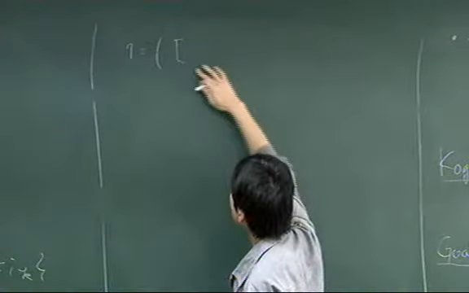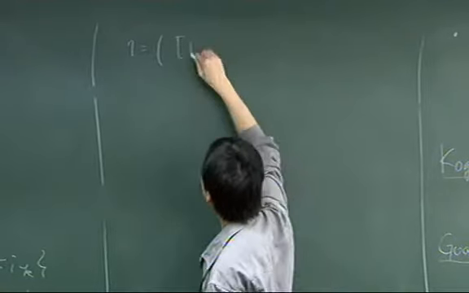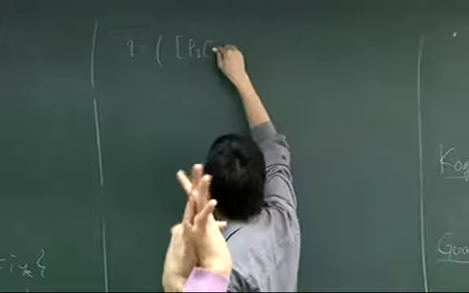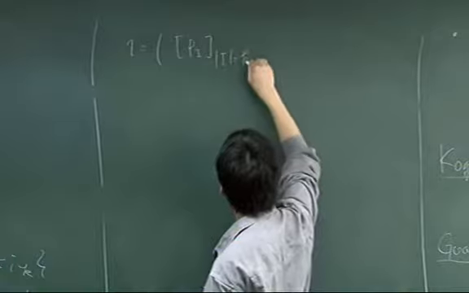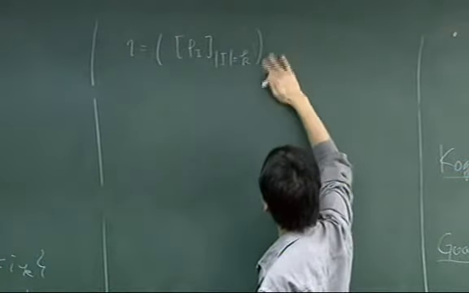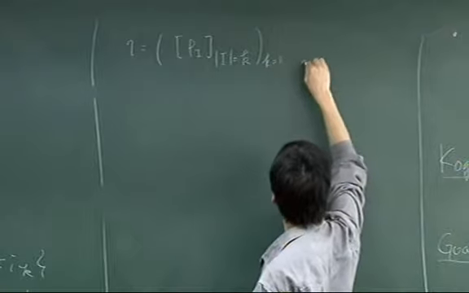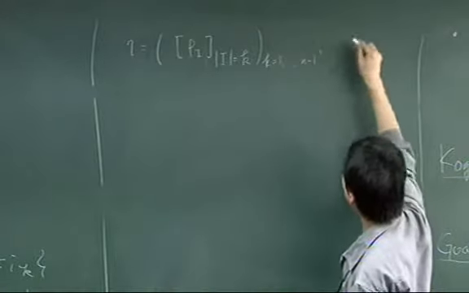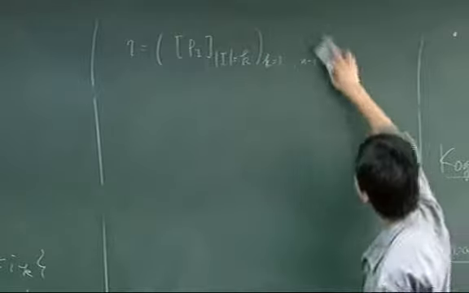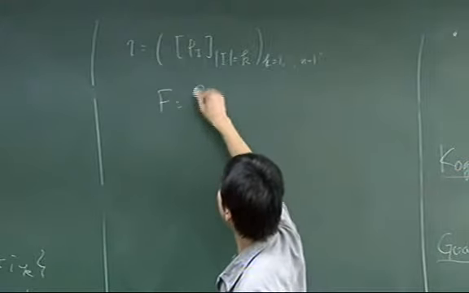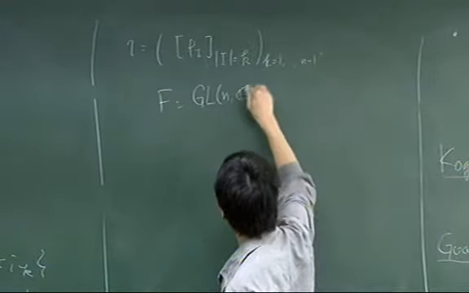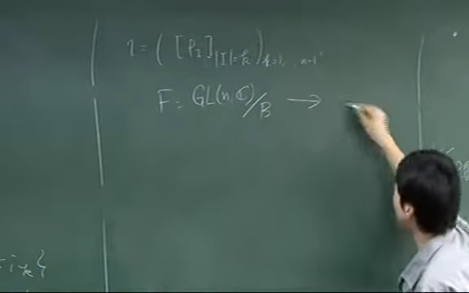We call it iota, a map to the product of projective spaces.